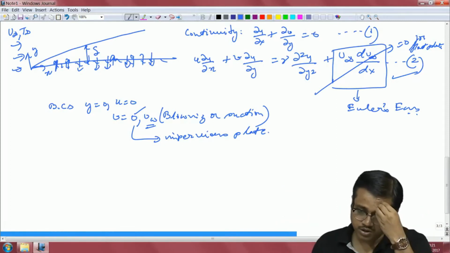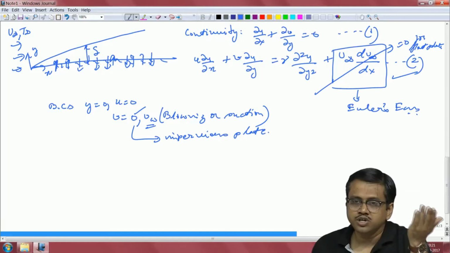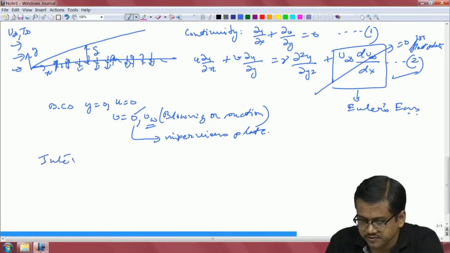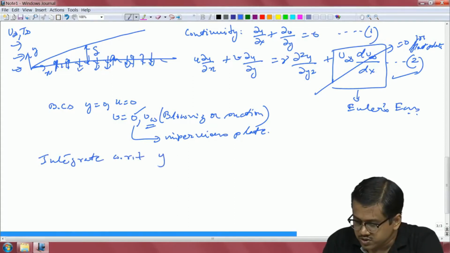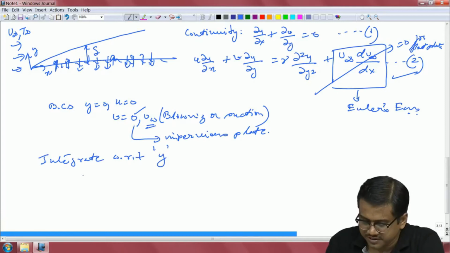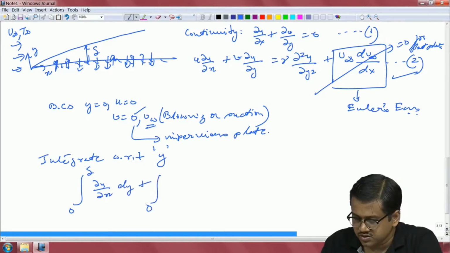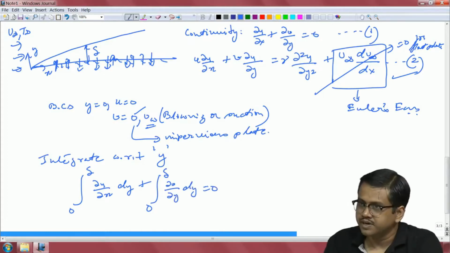Okay. So, now what we do is that we take the continuity equation and we integrate it with respect to x. Oh, sorry, with respect to y, okay, because that is the y variation we are trying to take out. So, integral from 0 to delta of du/dx dy plus integral from 0 to delta of dv/dy dy is equal to 0, right.